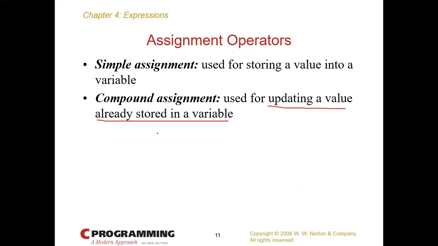So here is what it means. If we say b is equal to 3, on the next line we can say b plus equal 4. And at this point, b becomes 4 plus 3, 7. So b now has value 7 in it.